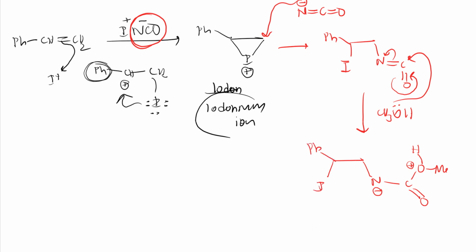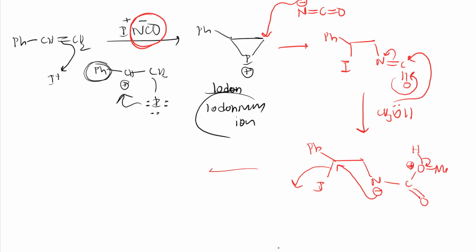So what can happen here: this negative charge can do an SN2 reaction, and iodine is a good leaving group, it will move as I minus, and oxygen can't keep a positive charge as it is an electronegative atom, so it takes the electron density from hydrogen, becomes neutral, and leaves H plus.